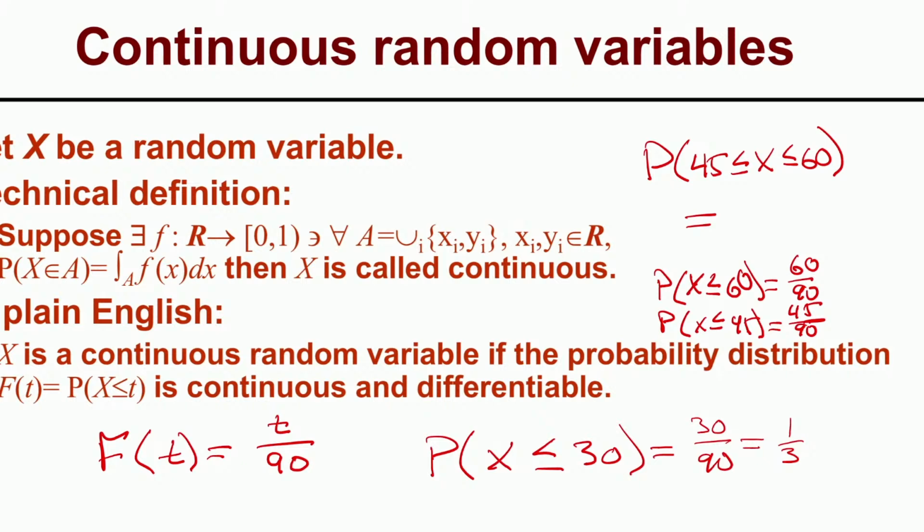And so do you remember what you did when you wanted to find the probability of something between two numbers? Yeah, you subtract, right? You take the top one and then subtract off the bottom one. And then that'll give you between. So 60 90ths minus 45 90ths.